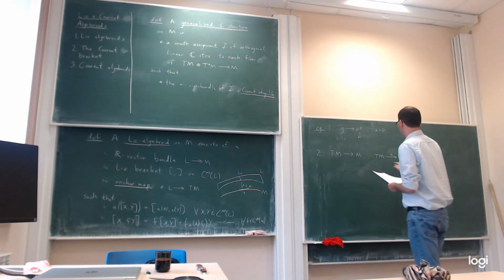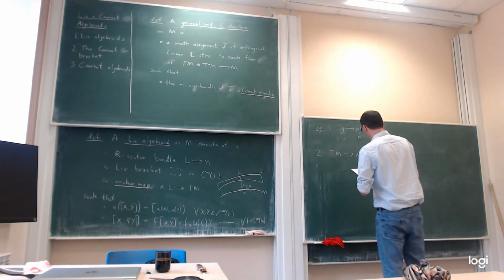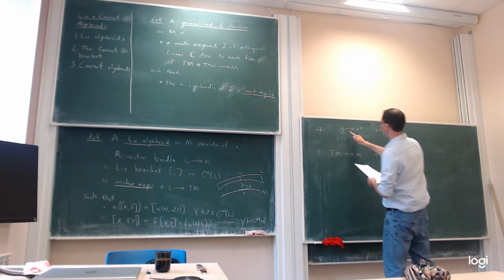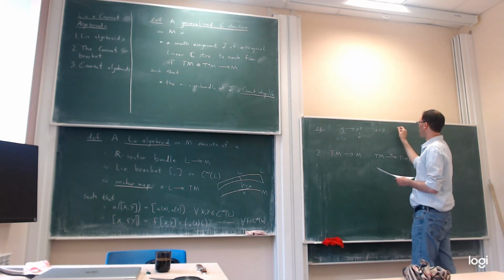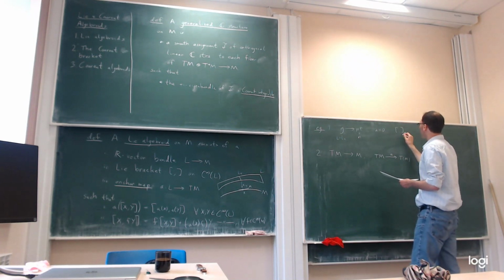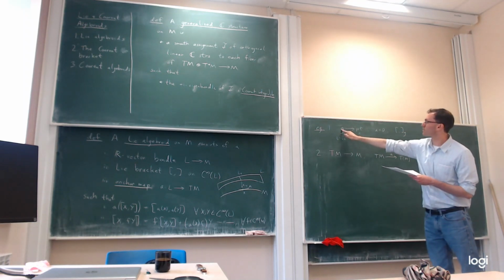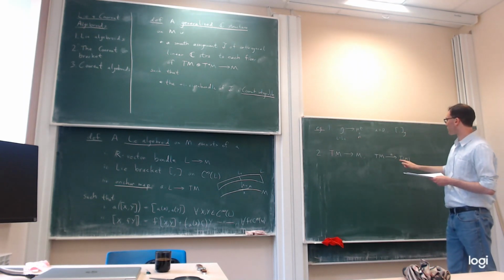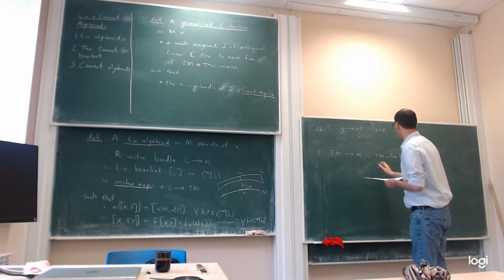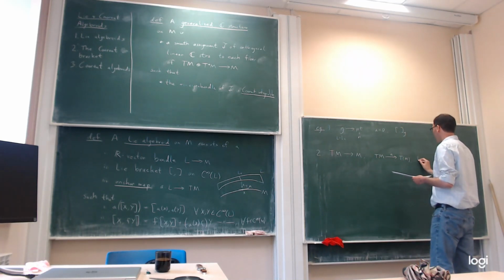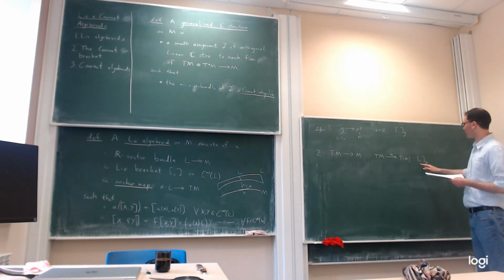Sorry, I should say that in the first example, we'll take the bracket to be the standard Lie bracket, or to be the Lie bracket intrinsic to G. And in this setting, we'll take the Lie bracket on sections to be the standard Lie bracket on vector fields.